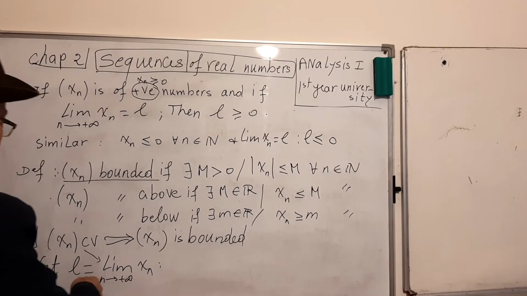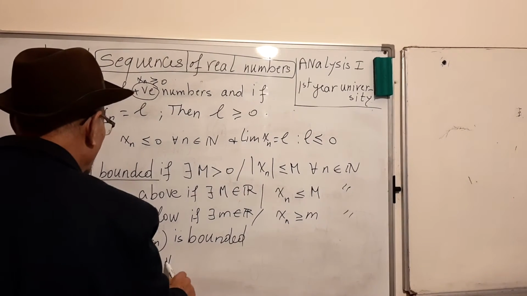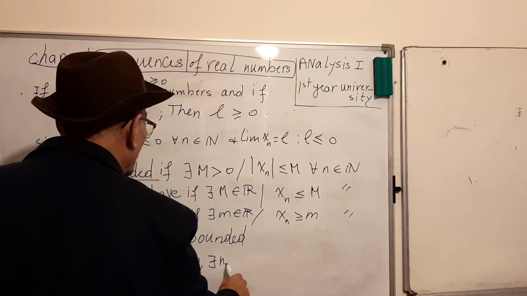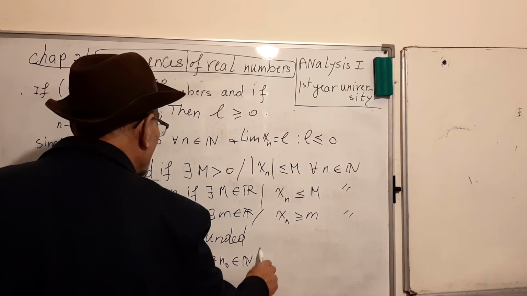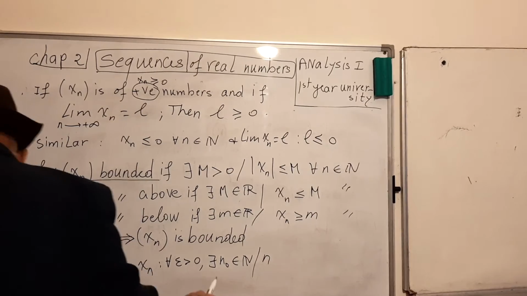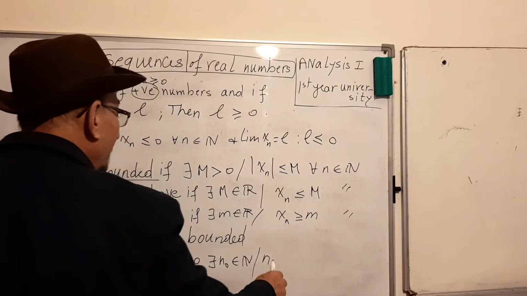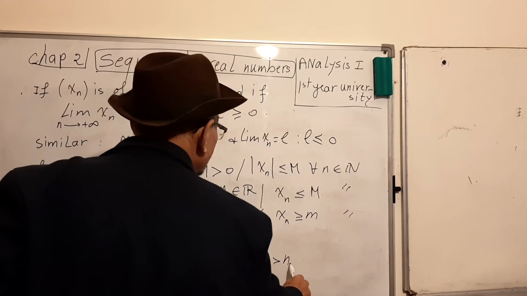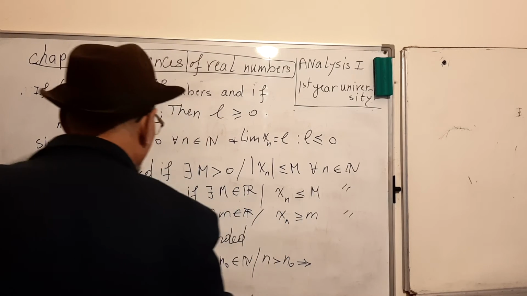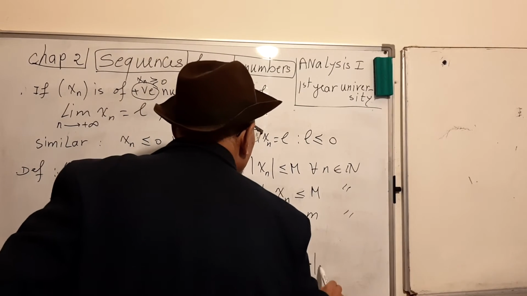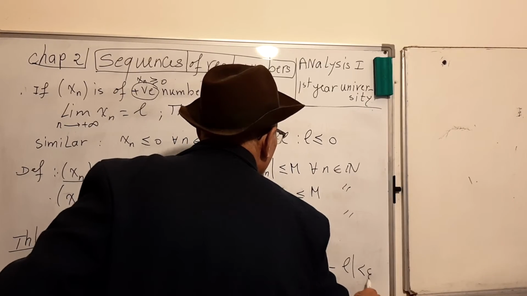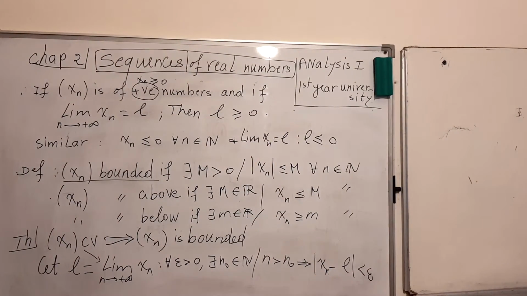By definition of the limit, we have for every epsilon positive, there exists n0 belongs to N, such that for n greater than n0, we have absolute value of xn minus L less than epsilon.